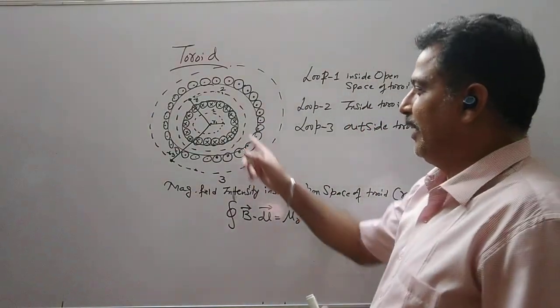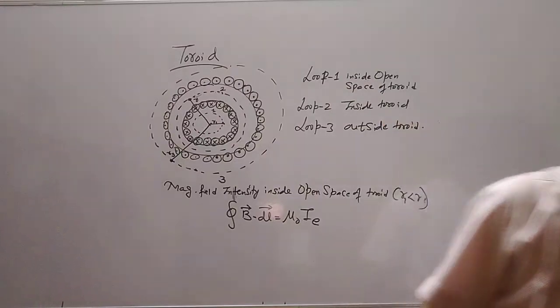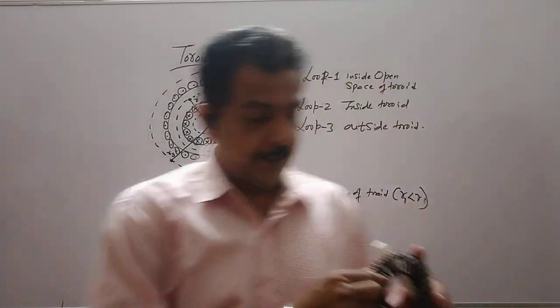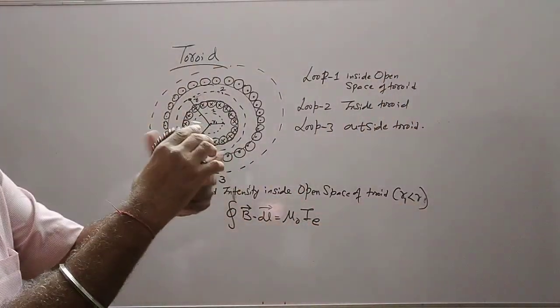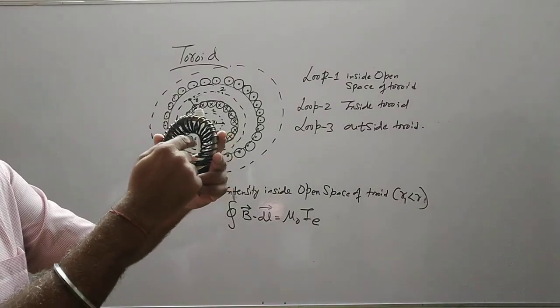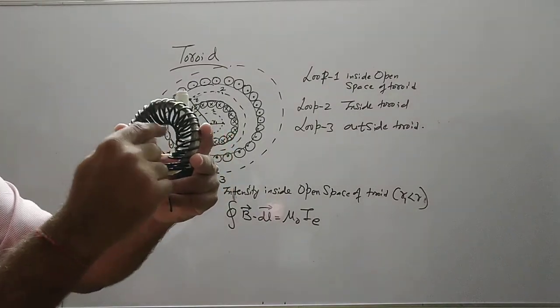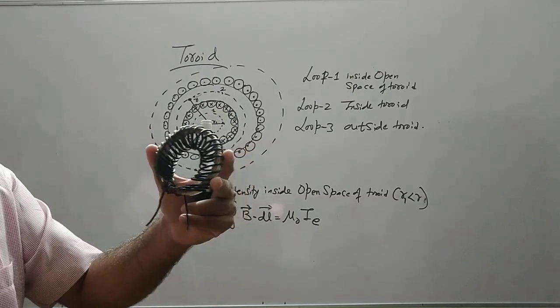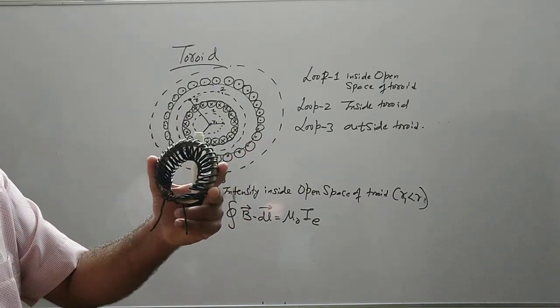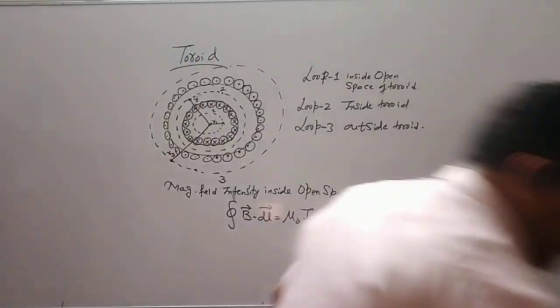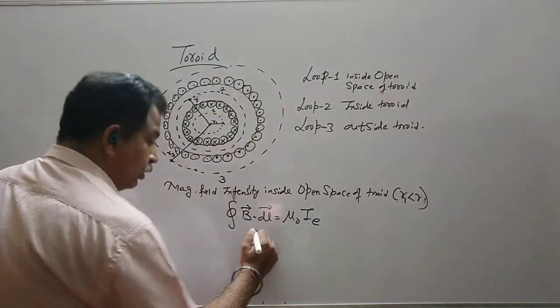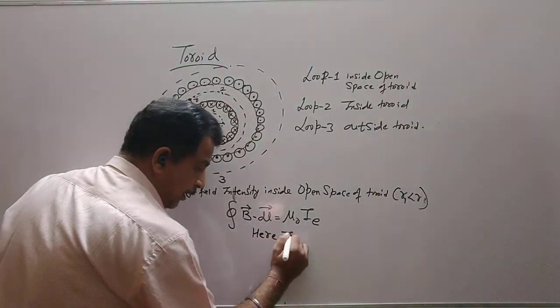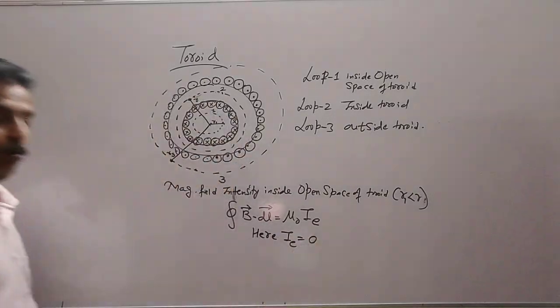Now when we take a loop inside, we have a loop here inside it. If we take a loop inside it, there is no current flowing inside this loop. So I enclosed itself is 0.